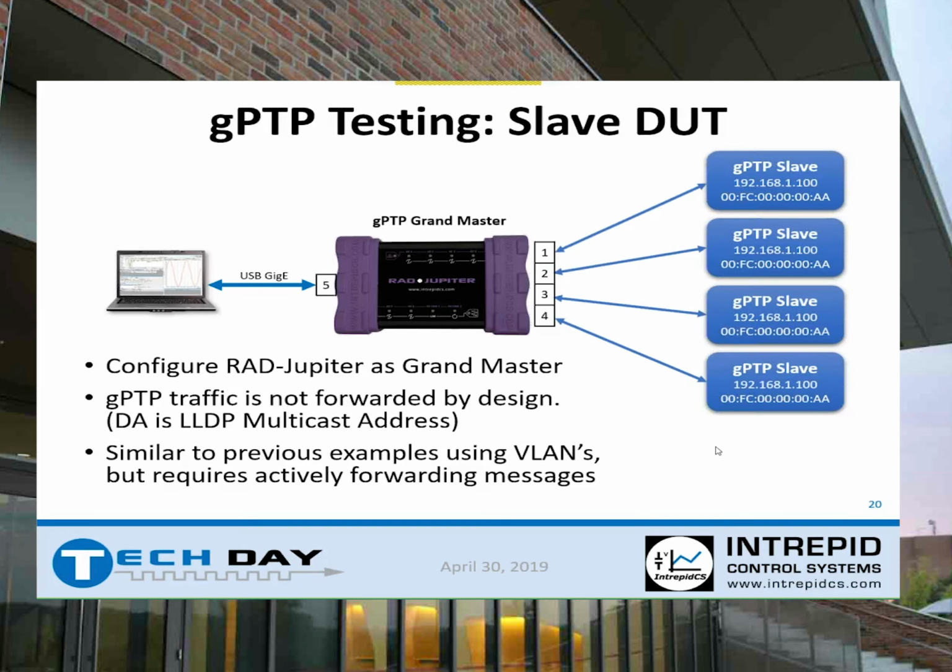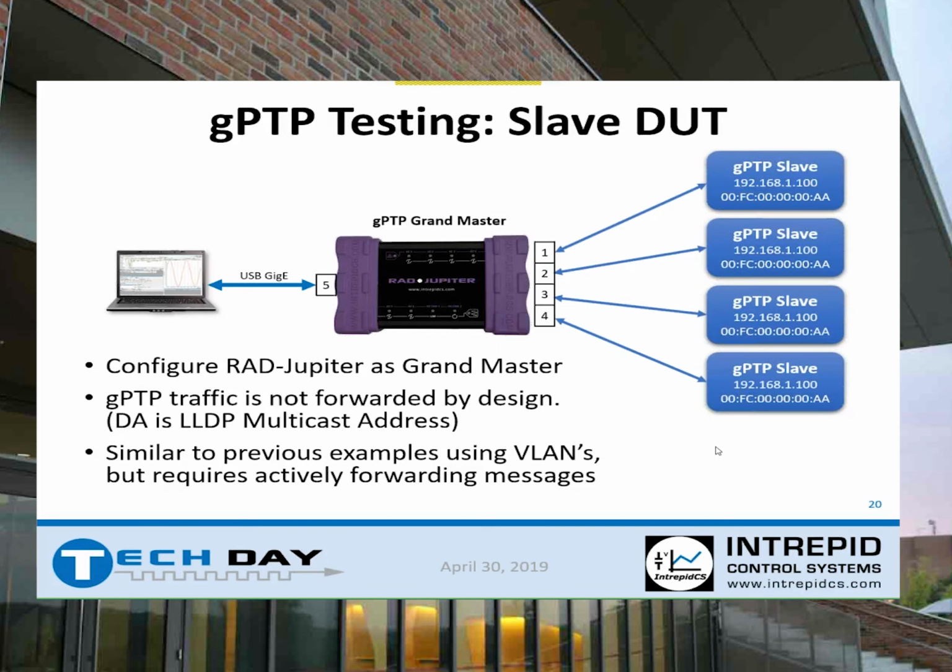So if you wanted to do gang testing where you have a bunch of gPTP slaves, it's not incredibly difficult. You set up the Jupiter as a grandmaster. There is one hitch in that gPTP traffic is not forwarded, and that's by design. So the switches handle this traffic differently.